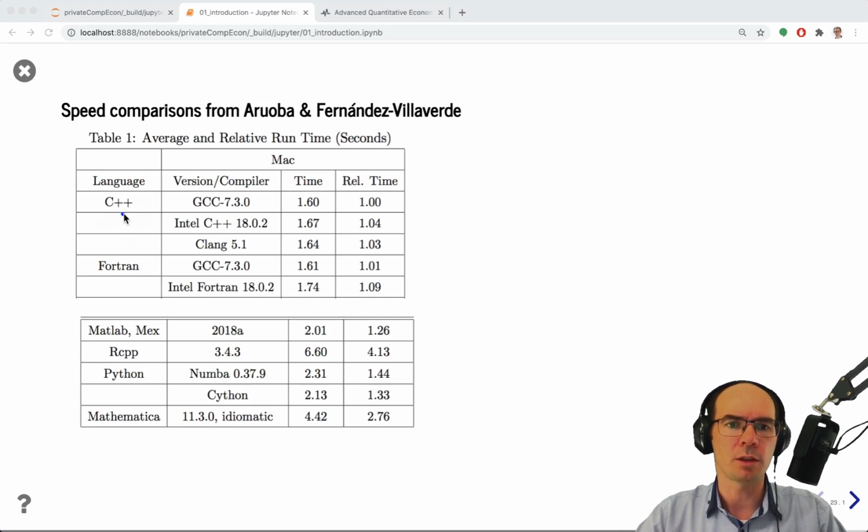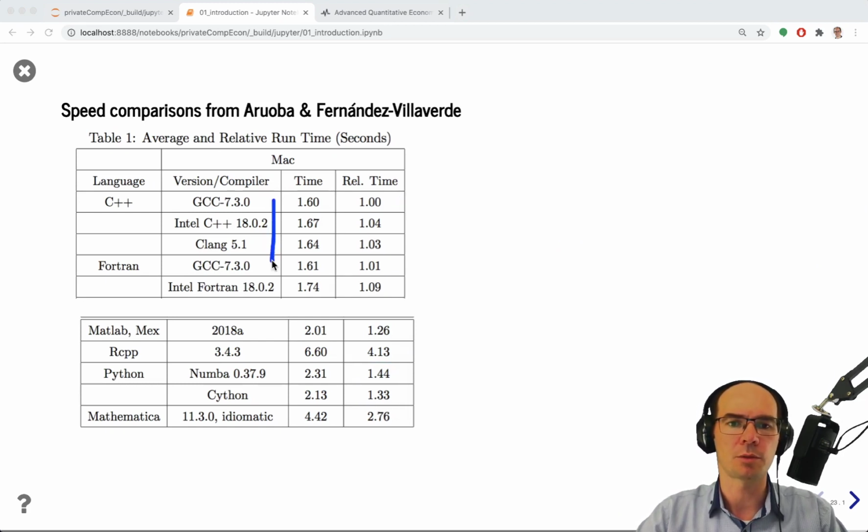And you can see that if C++ is normalized to 1, then languages like MATLAB take 26% longer. R is a lot slower, but Python is sort of doing all right. It's slower, yes, but not much slower.